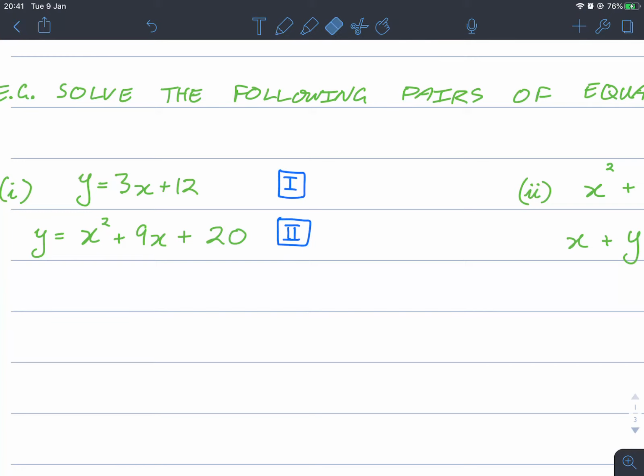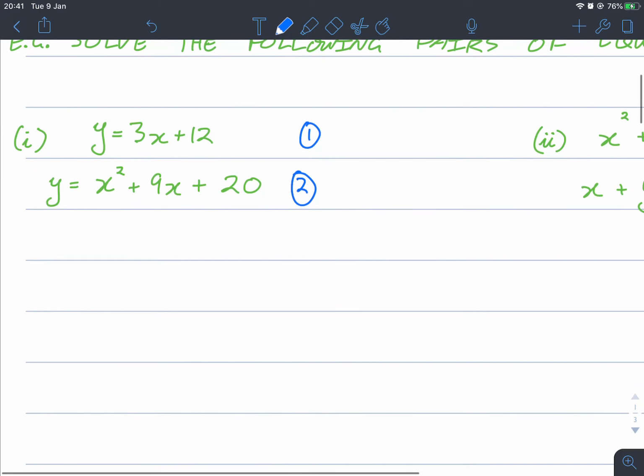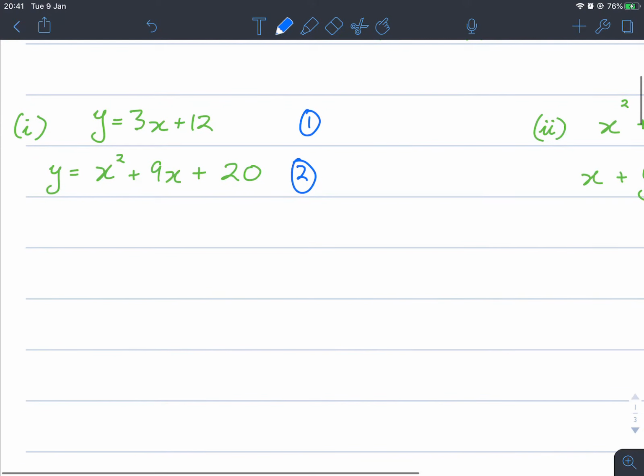Obviously, you can number these in any way you like, so some people do it like so, 1 and 2, or whichever way you like. No, let's keep it simple. 1, 2. Now, I'm going to write down what I'm going to be doing. I'm going to substitute equation 1 into equation 2.